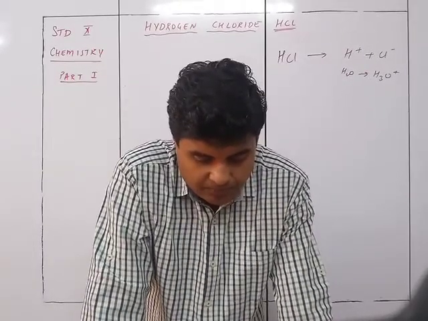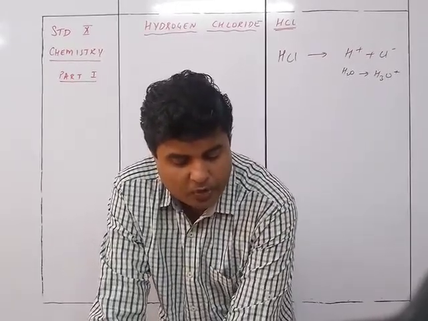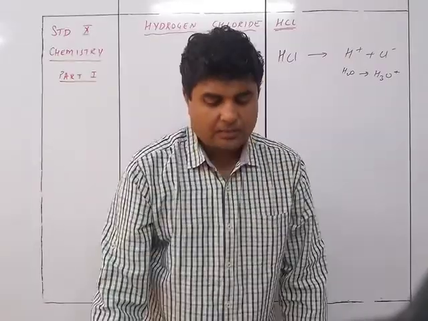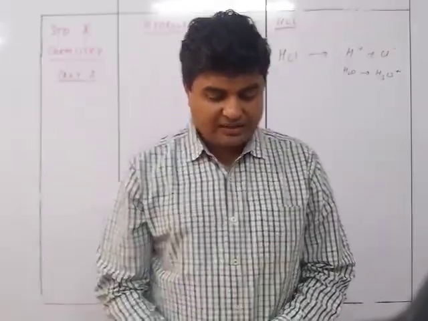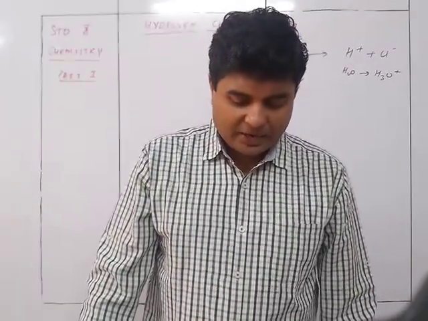A solution of hydrogen chloride in water, being a polar solvent, ionizes the polar covalent HCl molecule and dissociates it into free ions. The aqueous solution of HCl shows acidic property and is an electrolyte.